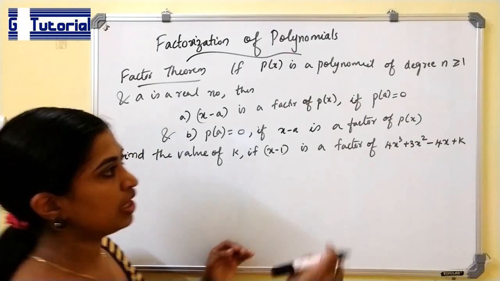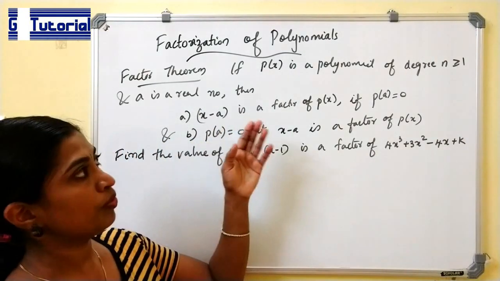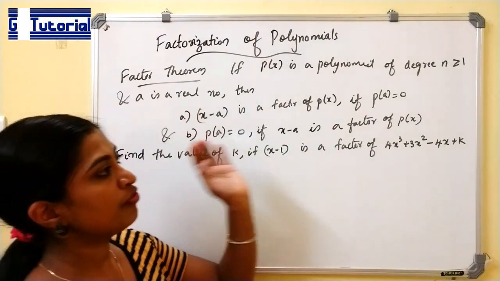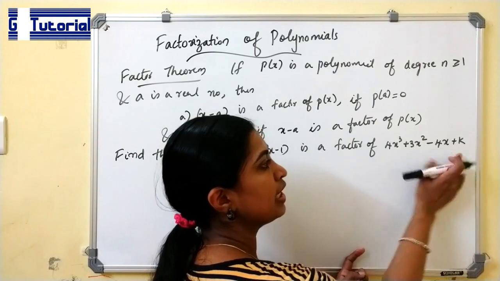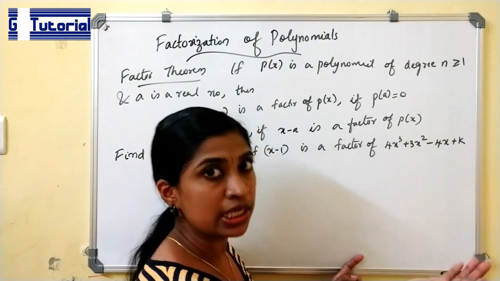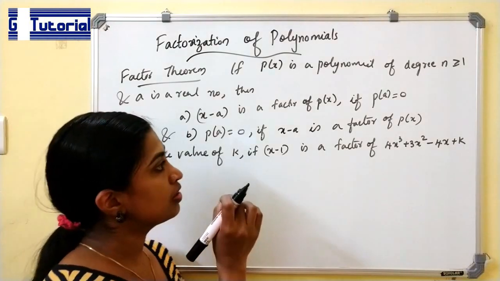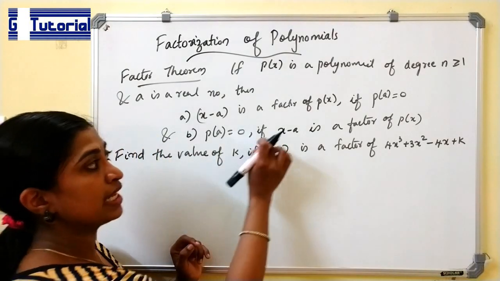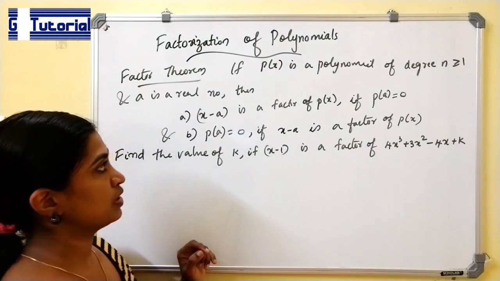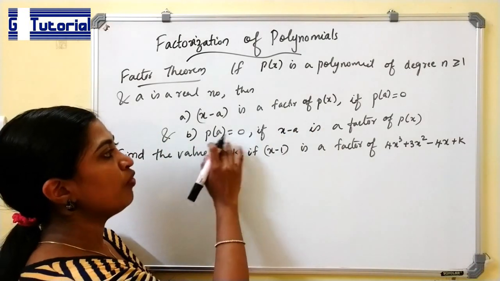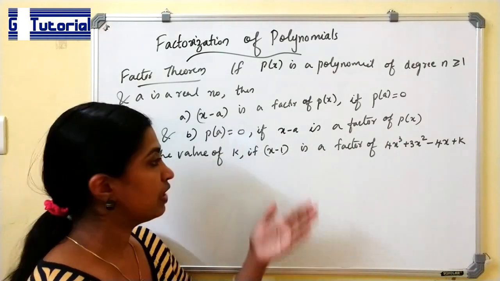That is, if you substitute that value of a for x and the polynomial equates to 0, then x minus a is said to be a factor of that polynomial p of x. Or conversely, we can say p of a is 0 if x minus a is a factor of p of x.